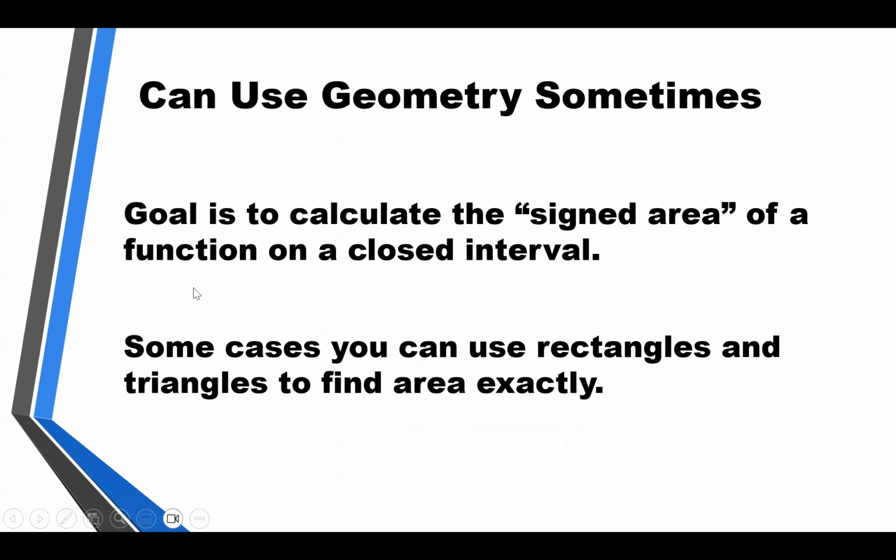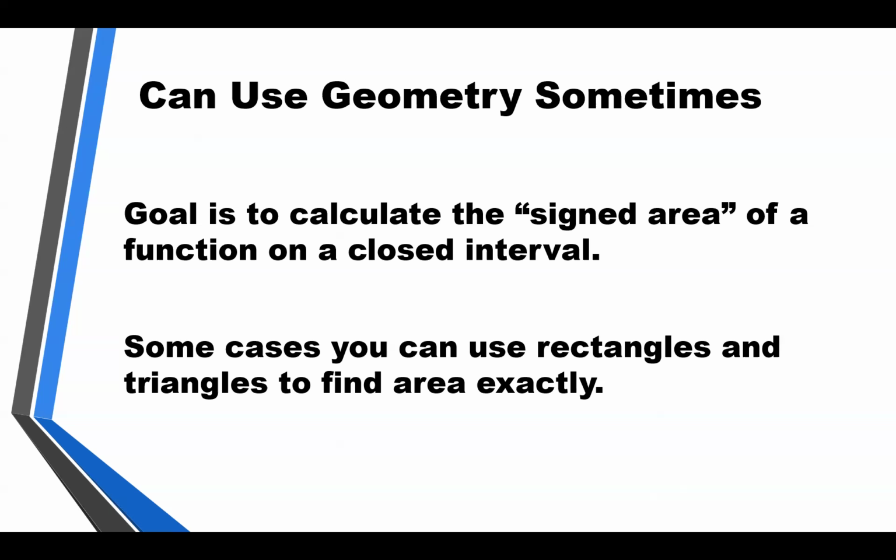Now, as we saw, we can use geometry sometimes. When we have things that are rectangles or triangles, or if I had a perfect circle, then geometrically I know the formulas for areas of rectangles and areas of triangles and areas of circles.